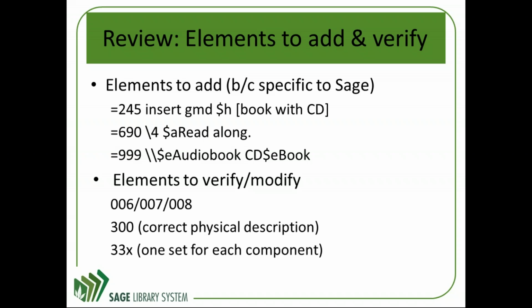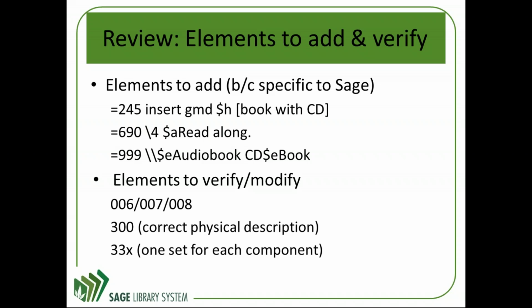And then the elements to verify and/or modify: again, the 006, 007, 008. The 300 field, do make sure that the physical description is correct. And what I mean by that is that if you've chosen a record type A, then in that 300 field, the subfield a should be describing the book portion of the item, and it's that additional plus subfield e that then describes the CD component, and not the reverse order.